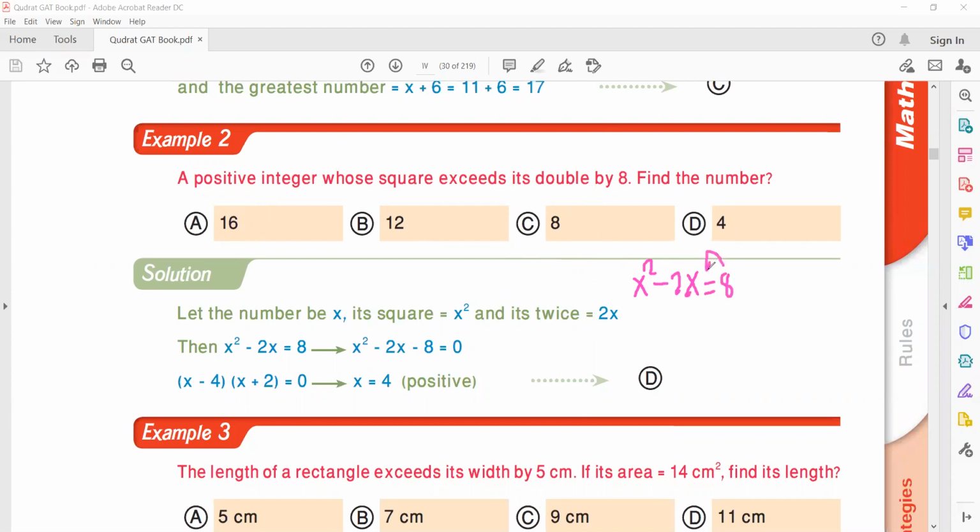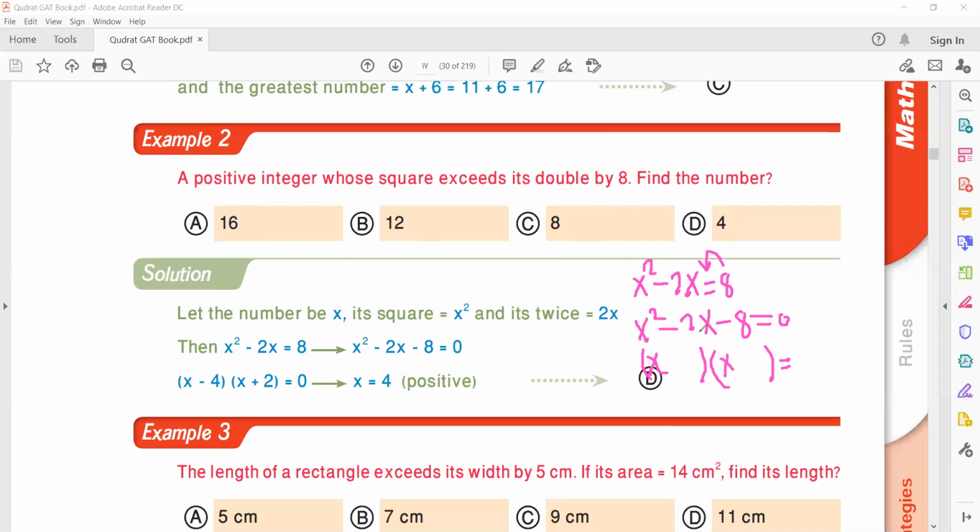8 goes to the other side, the left. So x squared minus 2x minus 8 equals 0, right? So how do I solve? You put two brackets here, and you separate x here and x here.